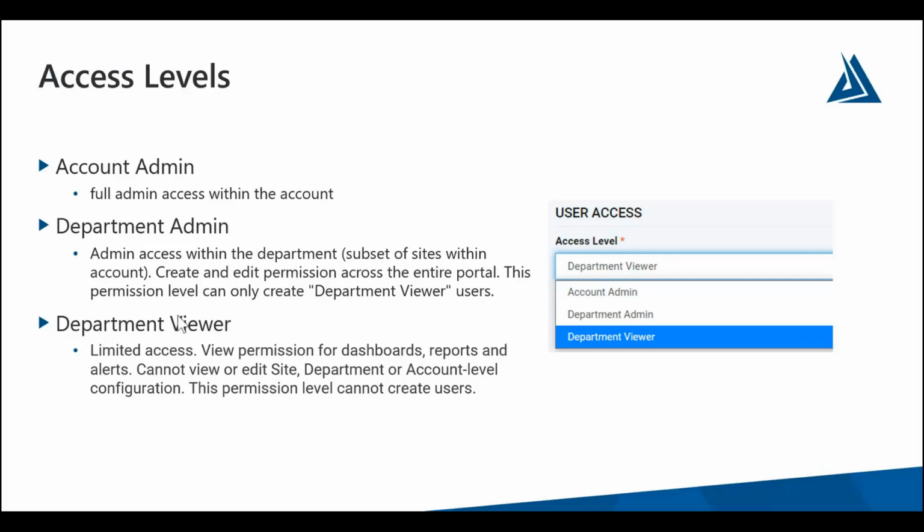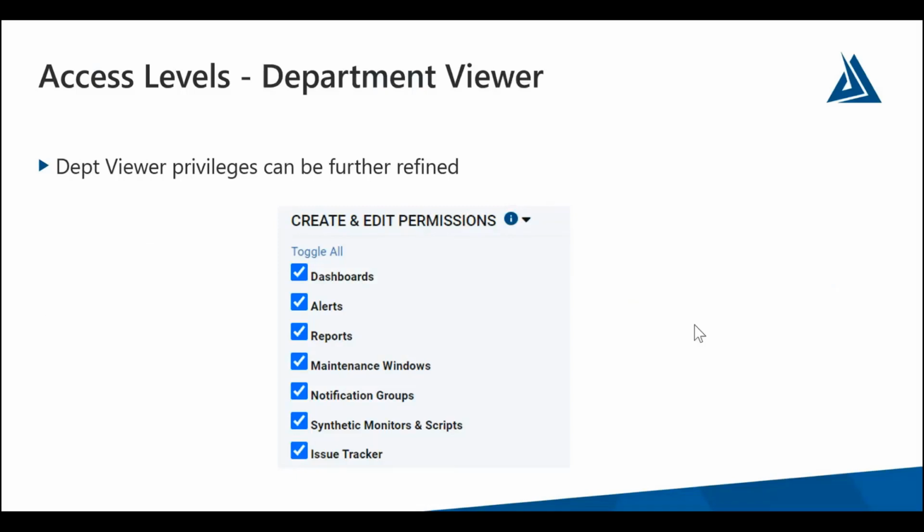Now, a department viewer has limited access. These users really only have view permissions, and they can't edit the site, department, or account-level configurations, and this permission cannot create other users. A little more about the department viewer: their privileges can be refined even further.